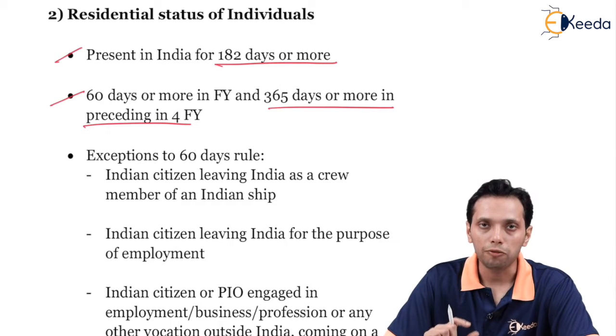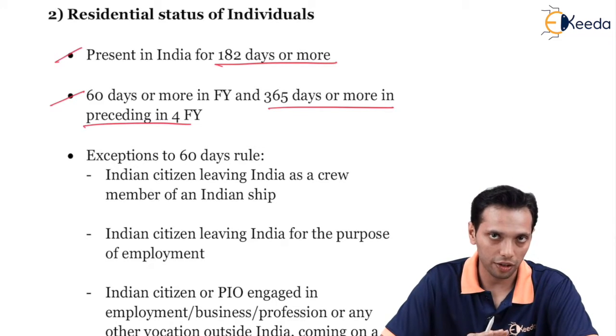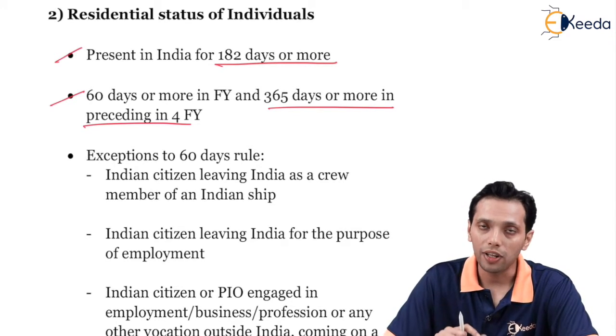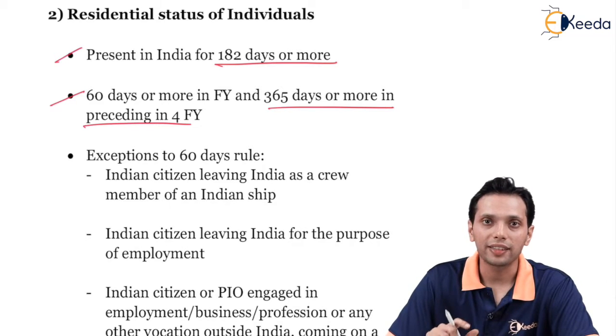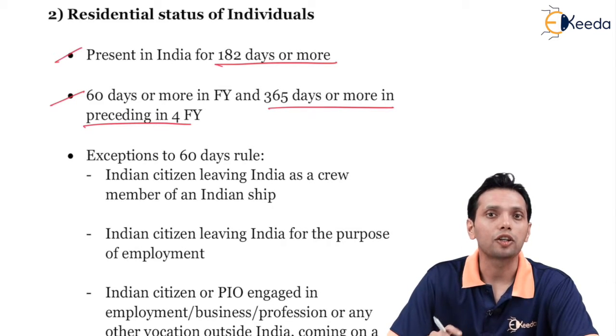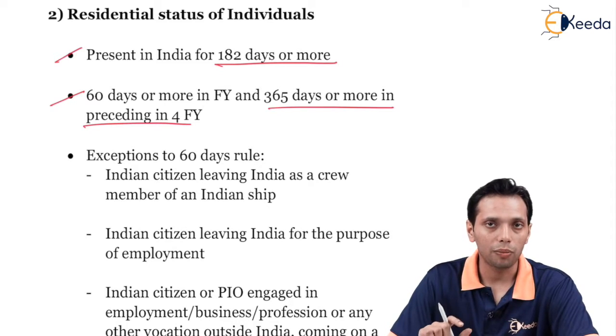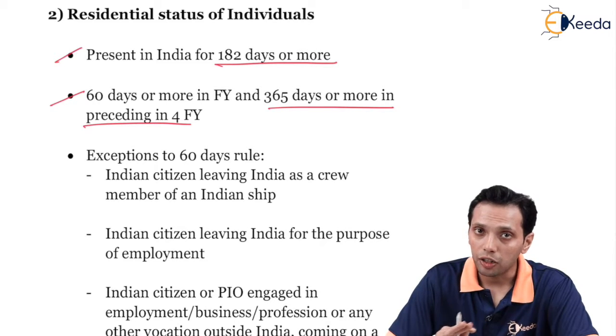Exceptions meaning, if a person is leaving India for the purpose of employment or profession outside India, then the number of days in that category can be increased to 182 days. So for a person who is leaving India for the purpose of employment outside India, the 60 days criteria need not be fulfilled.